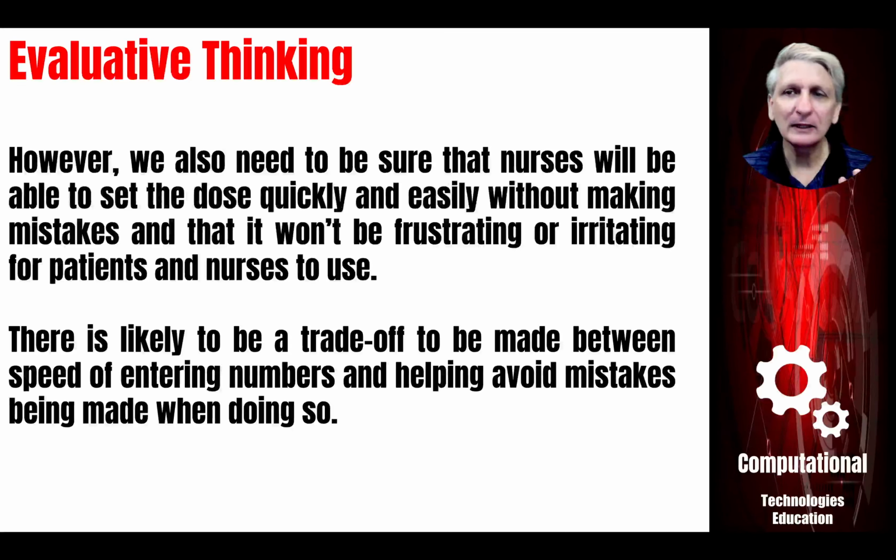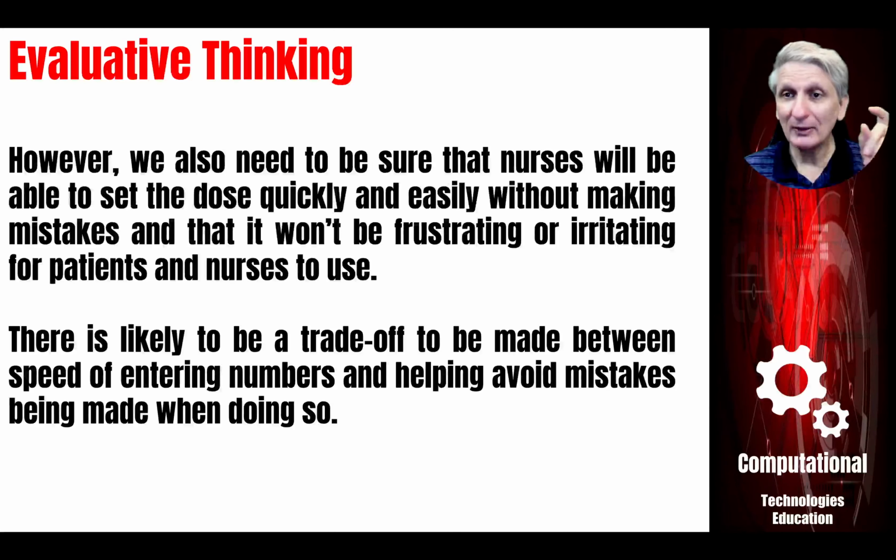And again, part of evaluation or evaluative thinking is making that decision and being able to justify it, being able to explain, okay, yes, we've made a slider, so you can use the slider to determine how much drug is going to be put in.